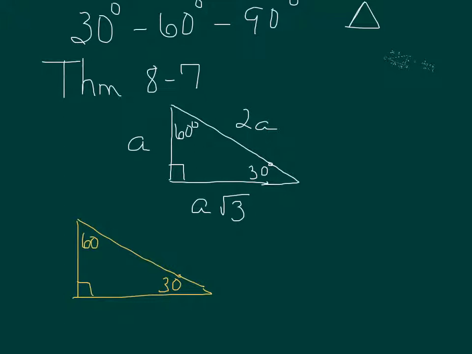All right, so let's say that this side is 5. Hunter, what's the hypotenuse going to be? 10, because it's 2 times 5. And what is the longer leg going to be, Sarah? 5 square roots of 3. Good. The one that's got the square root of 3 is always going to be opposite the 60 degrees.